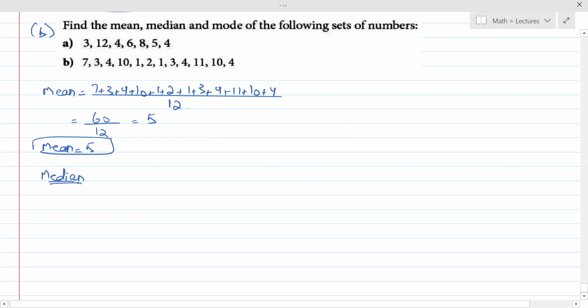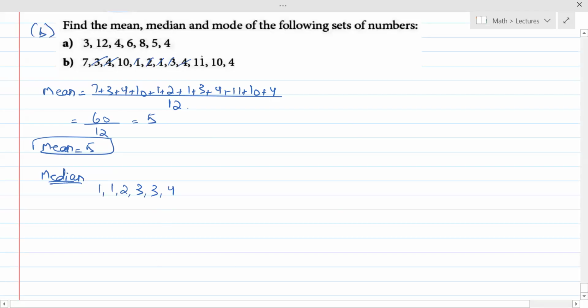So the lowest we can see is there are 2 ones there. So 1, 1. Followed by 1, we have a 2, 3. And we can see 2 different 3s. This also goes. After 3, it's 4.